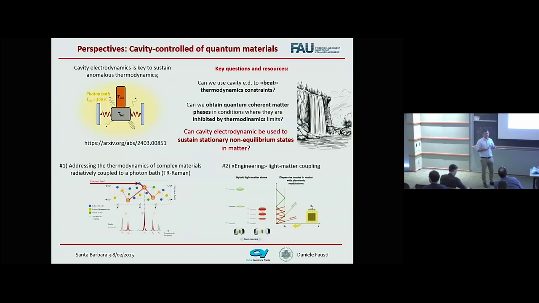If we can engineer light-matter interactions such that we obtain stationary non-equilibrium states, I think we can do a lot. We can violate fluctuation-dissipation relations, and we can obtain functionalities which we don't have at equilibrium. I think this is why it's very interesting to be in this field.